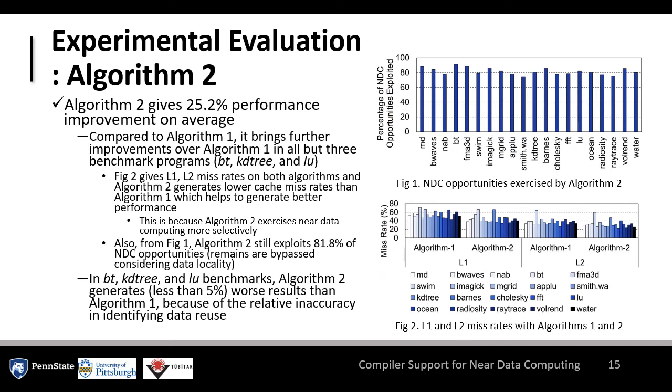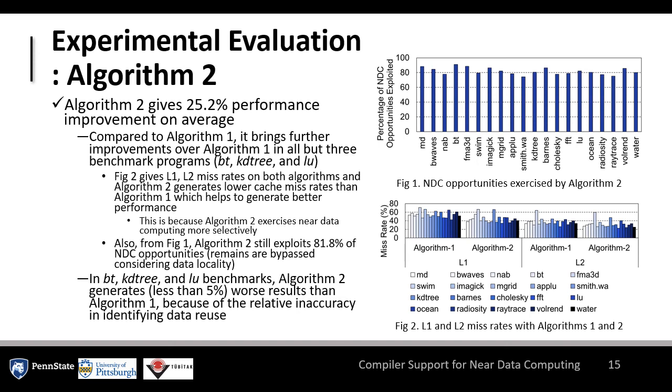Now, these plots are showing the behavior of algorithm 2. Algorithm 2 brings on average more than 25% improvement. It is higher than algorithm 1. The main reason for that is it has a better cache behavior. It has higher cache hits in both L1 and L2 levels.